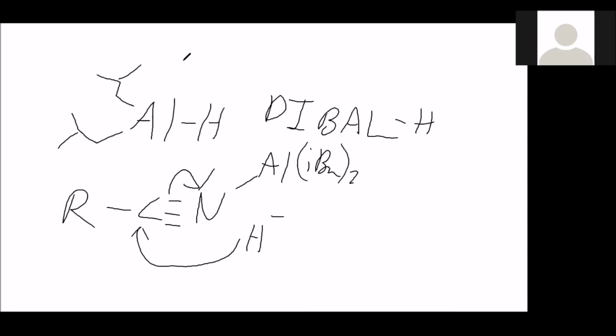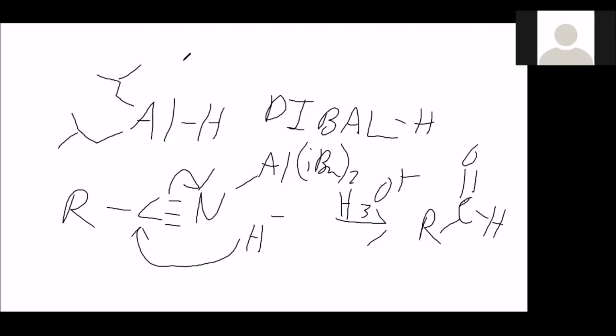And then from there, when we protonate this, once again it kicks off the amine. Imines are not stable. It kicks off the amine because we added a hydrogen instead of an R group. We're left with an aldehyde. So the basic premise is something attacks the nitrile, and then we exchange the resulting imine for an oxygen.